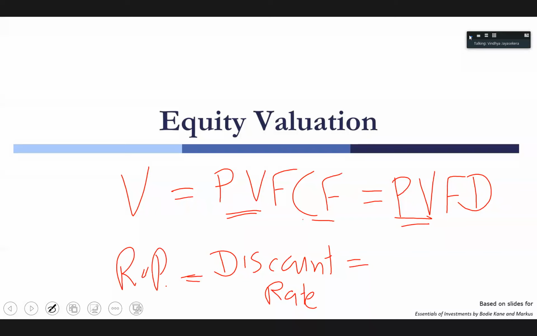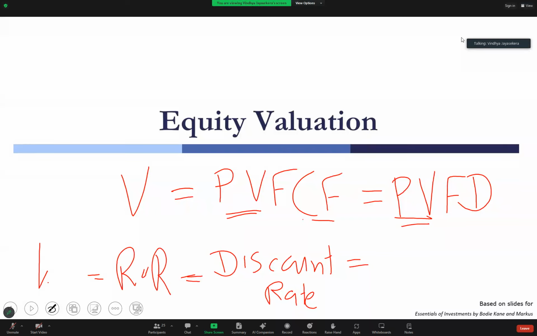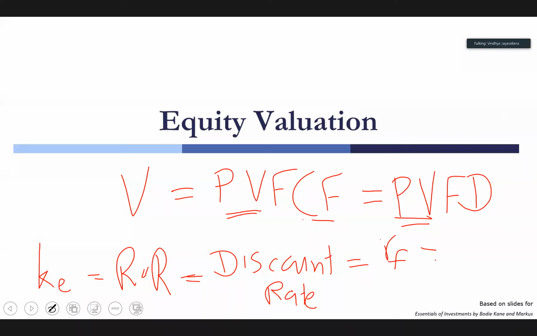We call it our cost of equity. It's not that you can use whatever you want to. Essentially, your discount rate is your risk-free rate plus a risk premium to justify the risk that you're taking.